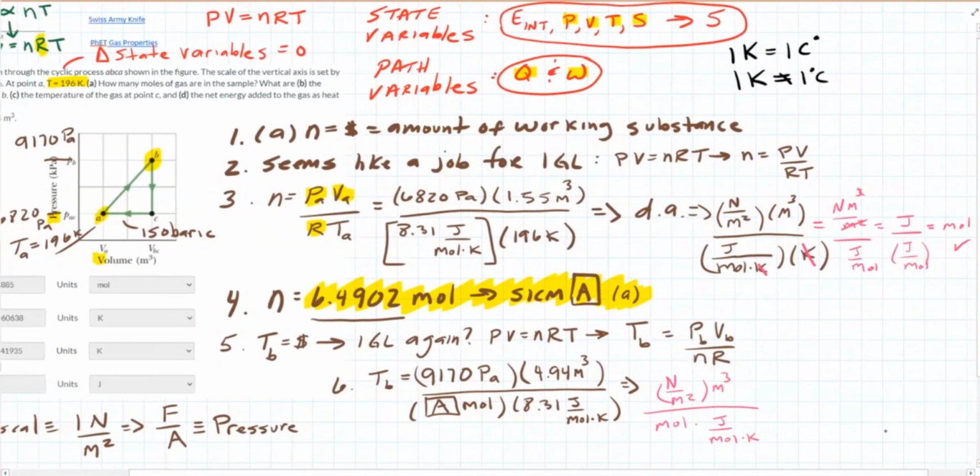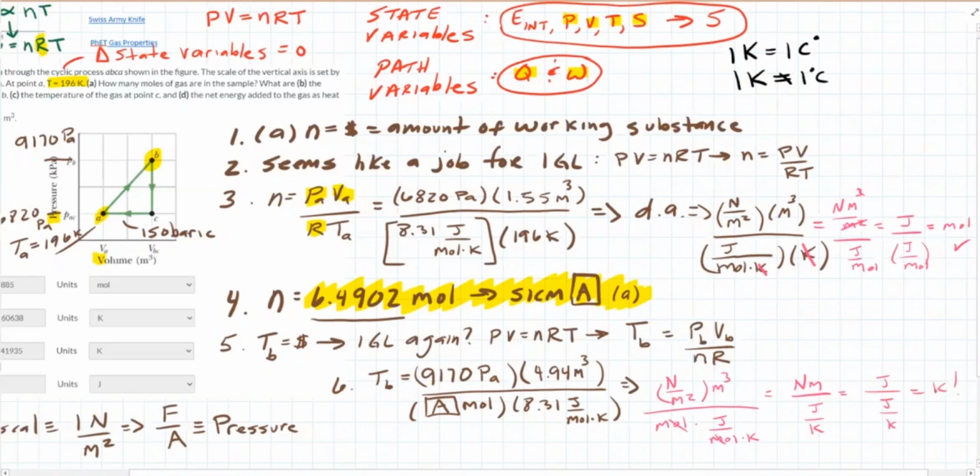And from there, once again, my upstairs, if I have cubic meters divided by square meters, it's just meters. So here's my new numerator, and I know a Newton times a meter is a joule. Here's my new denominator, joule per Kelvin. So I have a joule over a joule per Kelvin, or Kelvin. So I am getting Kelvin.